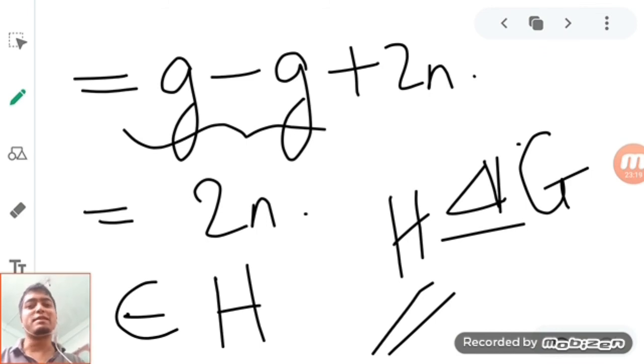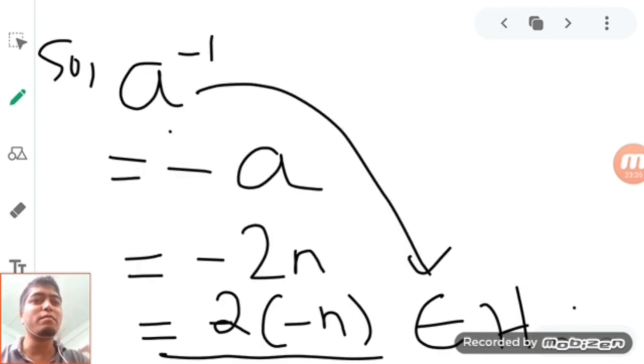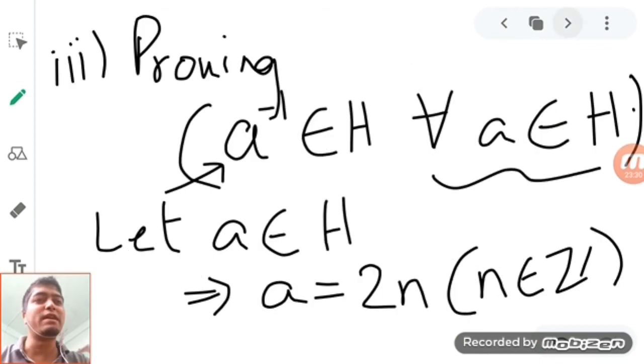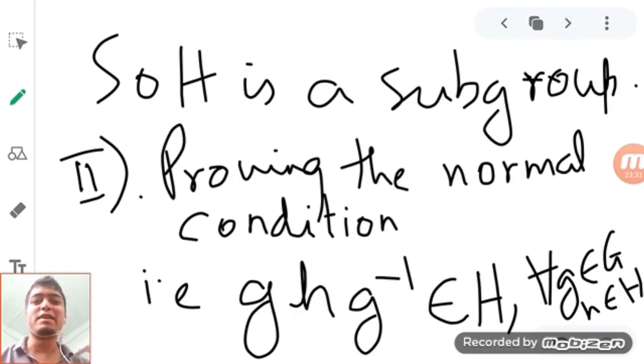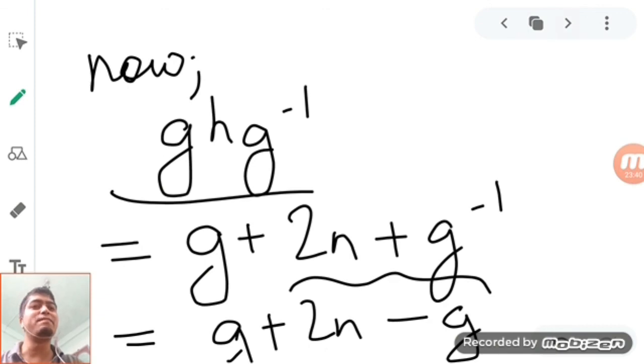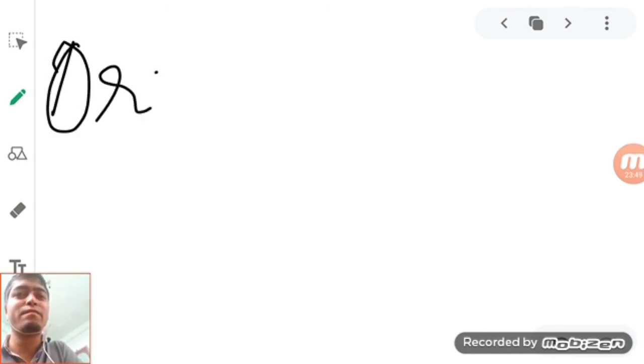I hope that is clear. So if you are asked to prove that something is a normal subgroup, we can do it in this way. We first have to show that it is a subgroup, and the second thing we have to show is the normal condition. But actually we can also do it in another way.